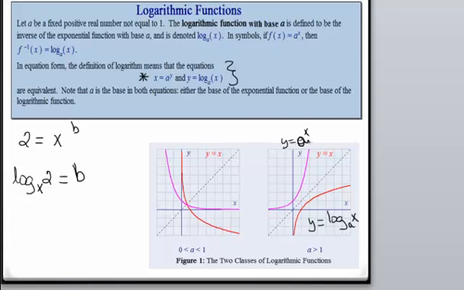I guess I could say the same thing here. This could be just a, since we don't know what the base is in this particular function. If you were to have a base that is between 0 and 1, then your graph is going to be reflected over the y-axis. Remember, if we took this graph and reflected over the y-axis, we would get this one.